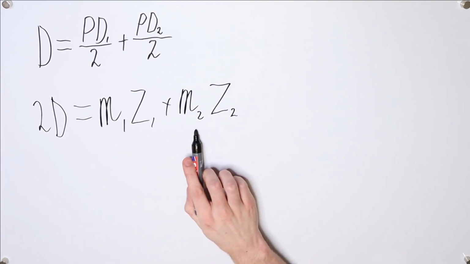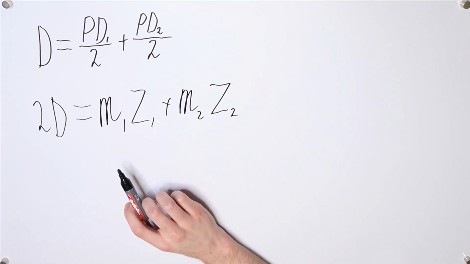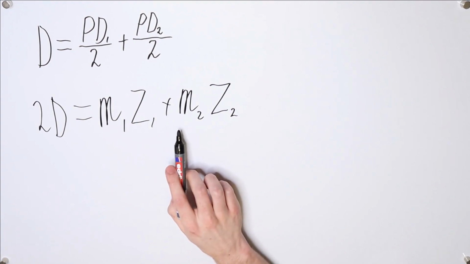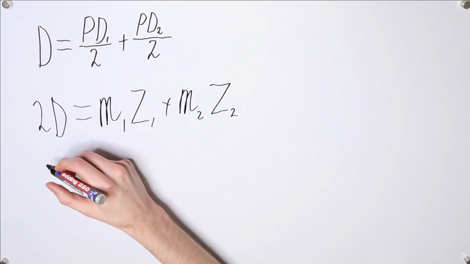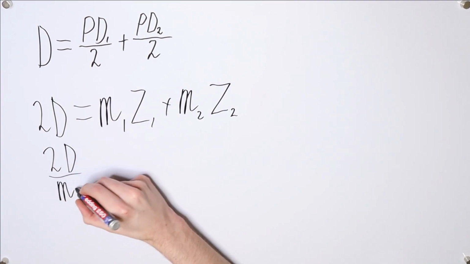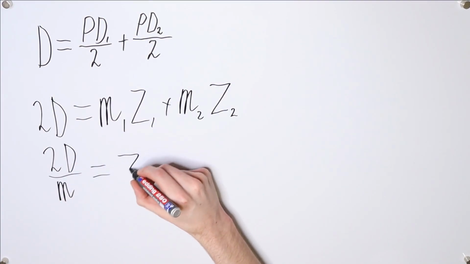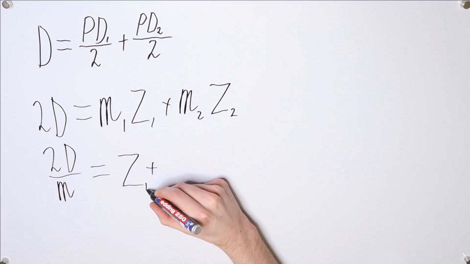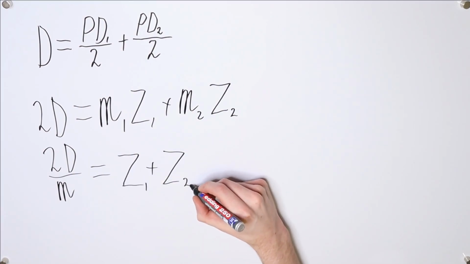Now, these two modules must again be the same number. So we can take this module and divide both sides. So 2 times the distance divided by the module has to be equal to the sum of both tooth counts.